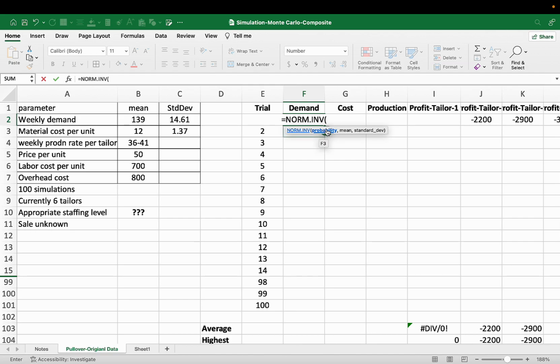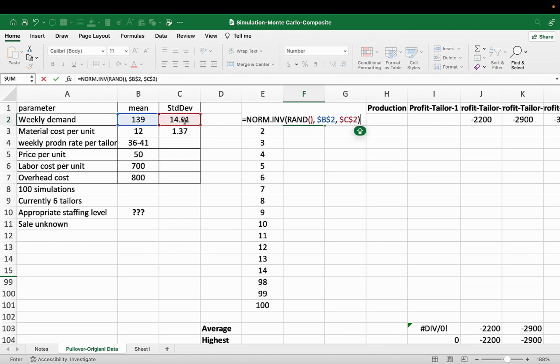Now we don't know what the probability is, and we want Excel to generate it, and for that purpose we'll use the RAND function, RAND and then parentheses. Then it suggests that you need to write the mean here. So this is the mean, and make sure it's locked by pressing Fn and F4 keys together, and then the standard deviation, and here is the standard deviation. Again, make sure it is locked by pressing Fn and F4 keys together.